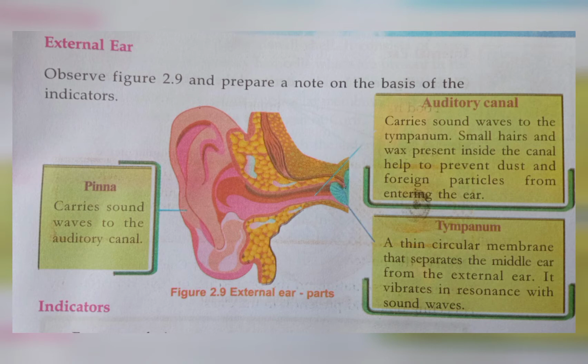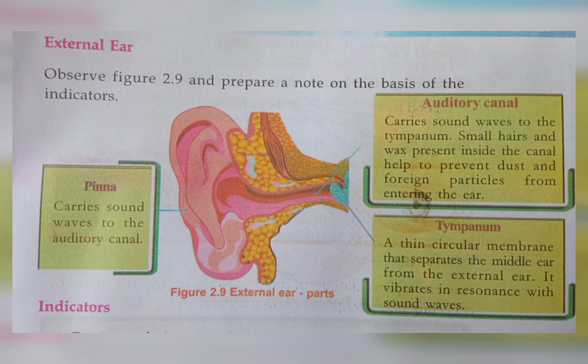There are two windows, the oval window above and the round window below. These are the main parts of the internal ear: the semicircular canal, vestibular nerve, cochlea, and auditory nerve. There are two nerves.